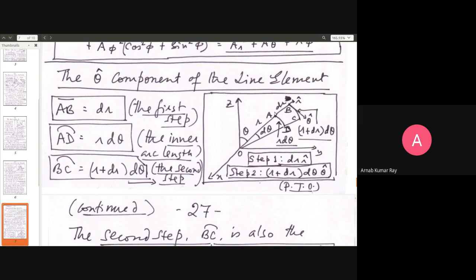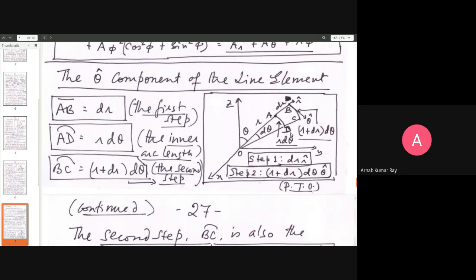But in a parallel curved path next to it, you have the curved path AD. Both of them are parallel curved paths. So it's quite clear that AD, which is equal to r d theta, is shorter in length compared to BC, which is equal to (r plus dr) d theta.